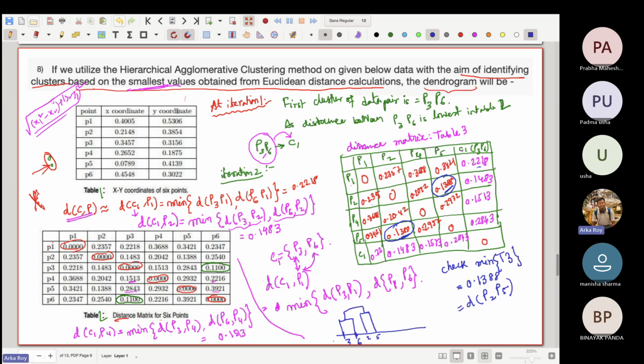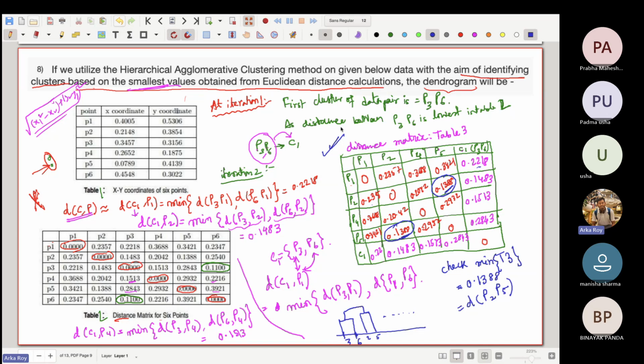Which basically create a whole cluster group. And in this particular way, in each iteration, you have to calculate this particular matrix. And then you have to proceed with the next one. So this is the way you will actually reach the solution.